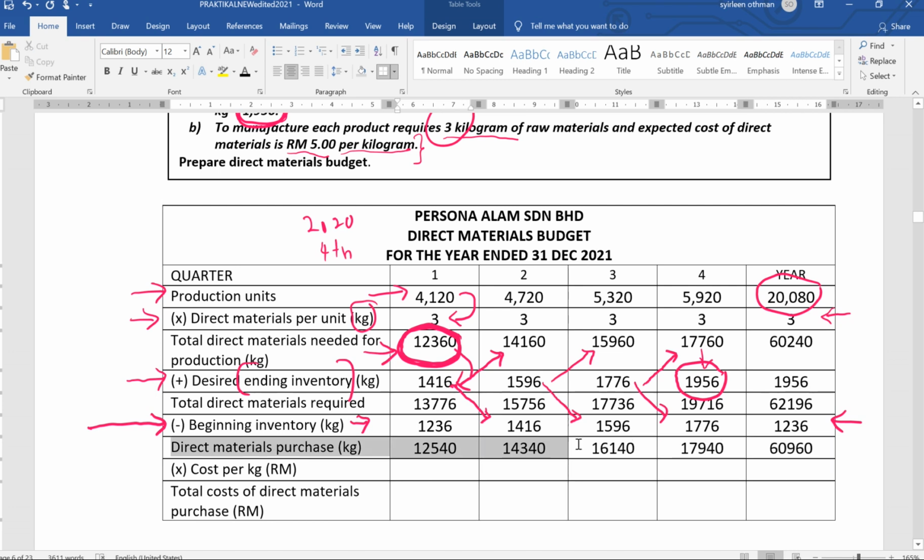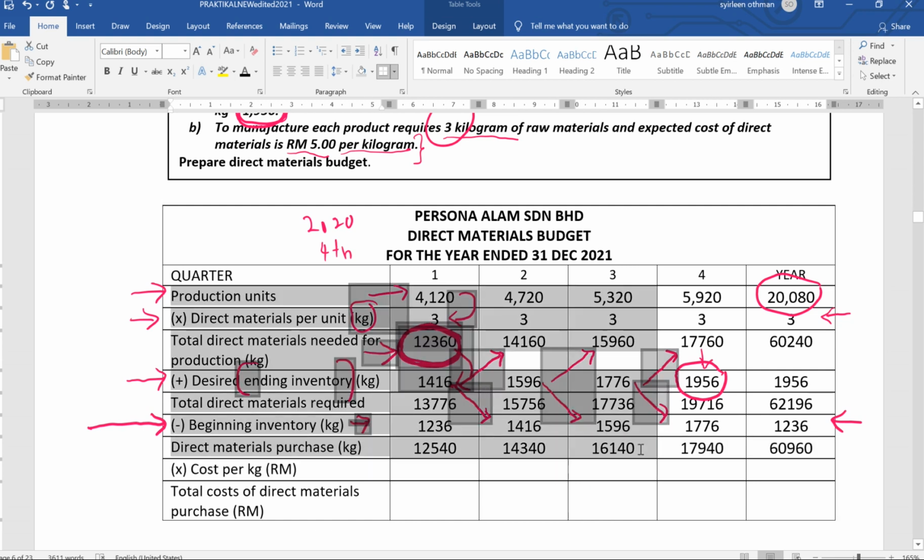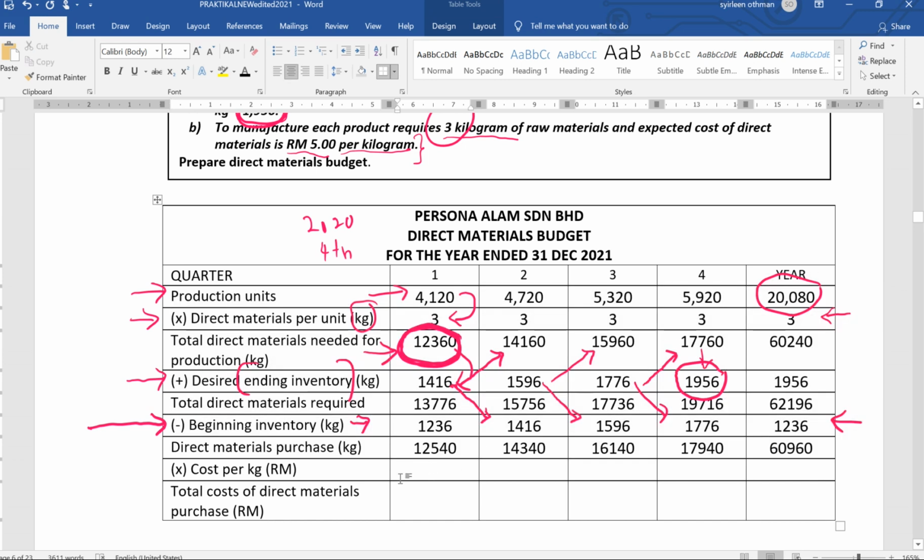But this item here is in kg. So dekat atas ni, until here, the item is either in unit or in kg. Alright, but then when you multiply with the cost per kg, so kita tahu dalam soalan tadi, the cost per kg is actually RM5. Okay, so from there kita akan dapat total cost for direct material.